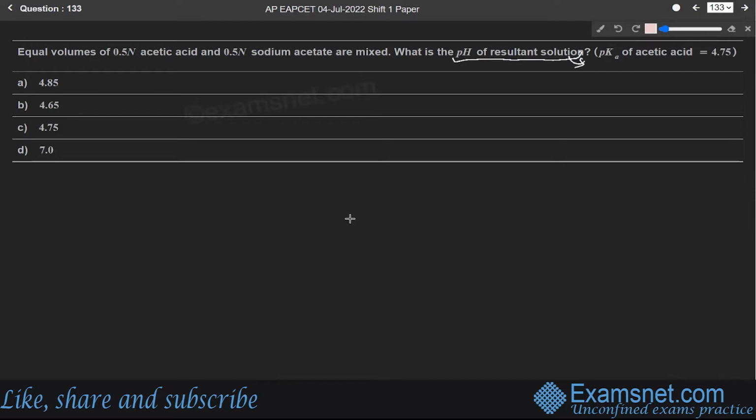The question states that equal volumes of 0.5 normality acetic acid and 0.5 normality sodium acetate are mixed. What is the pH of the resultant solution? The pKa value of acetic acid is given to you. Mind it, in any pH formula question, decipher the information from the question first.